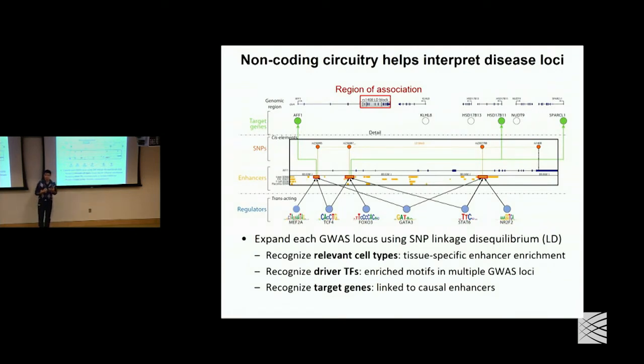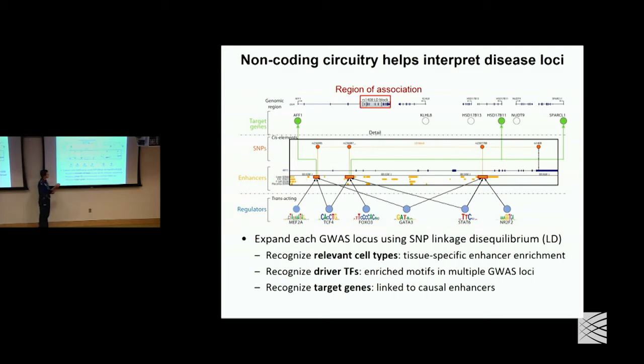So we can use all that information to now go back into these genetic regions of association, find all of the genetic variants, and for every one of those, ask: what are the enhancers that it overlaps? What cell types are these enhancers active in? Who are the regulators that are predicted to control these enhancer regions? And what are the genes that are predicted to be downstream of these control regions?